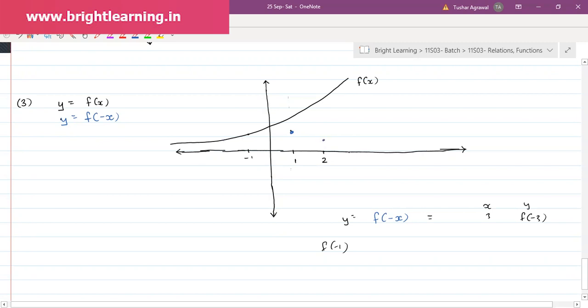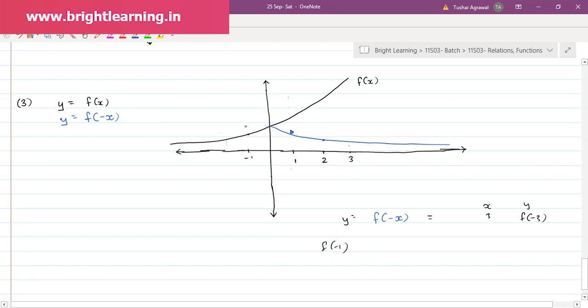For x equal to 3, the corresponding blue image will be f of -3. F of -3 is over here, so it will be over here. For x equal to 0, it will be one and the same thing. Initially, f of 0 and f of -0 are one and the same thing. So the graph will be this way. Do you agree?